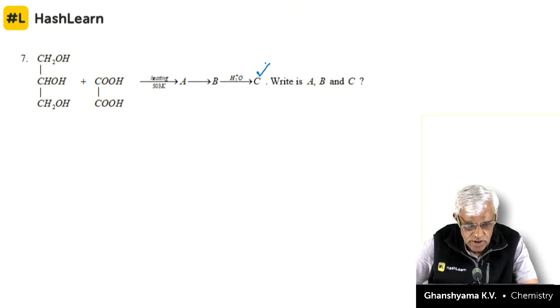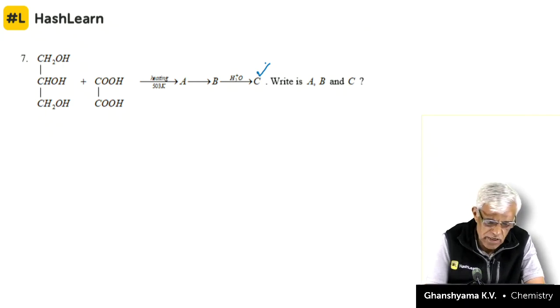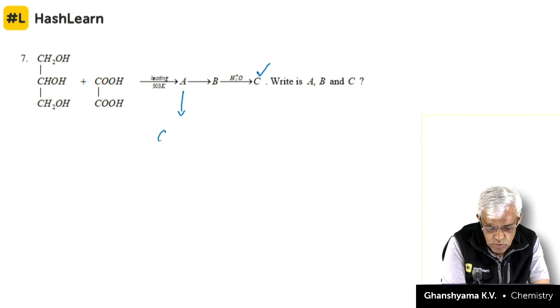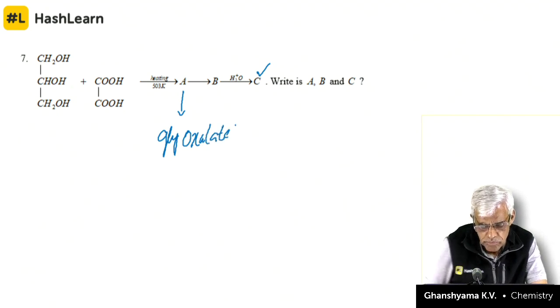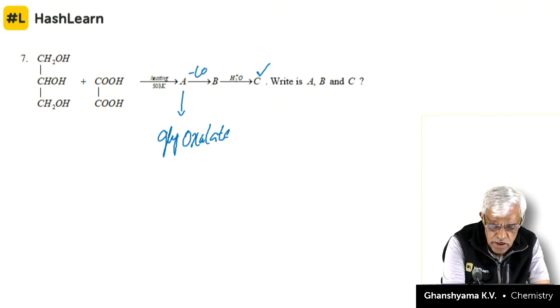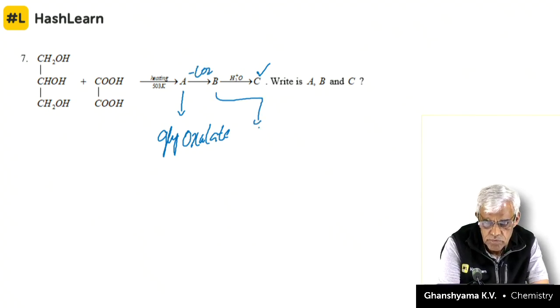Formic acid plus water. Excellent, Radhika. This will give glyceryl oxalate. This will lose a molecule of carbon dioxide to form glyceryl formate.